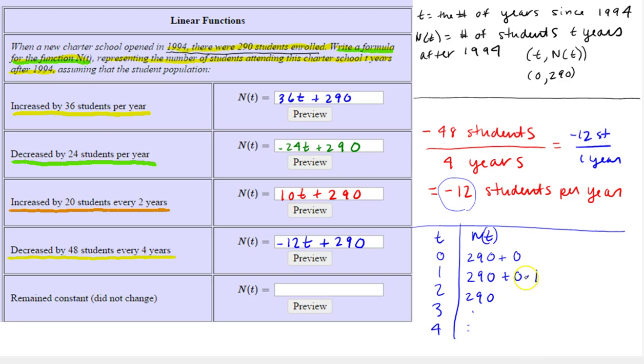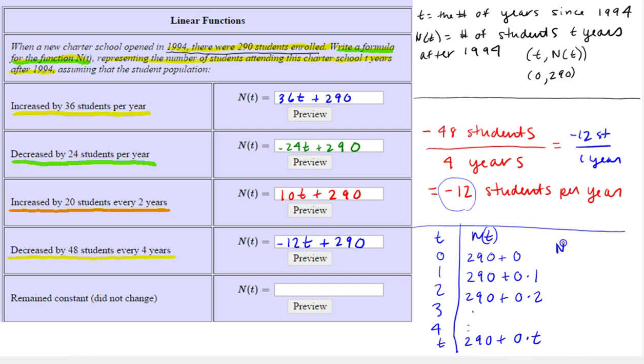There was no change in the second year or in the first year, so we have 1 year, but we didn't add any. Year 2 still remained constant. So in general, we have 290 plus 0 times t. Well, 0 times t is just 0.